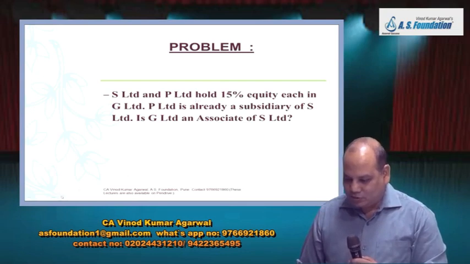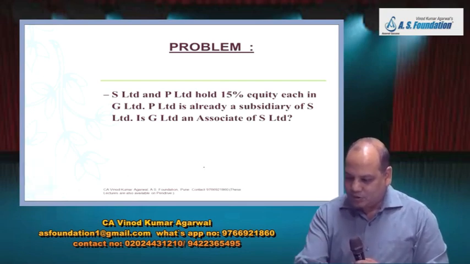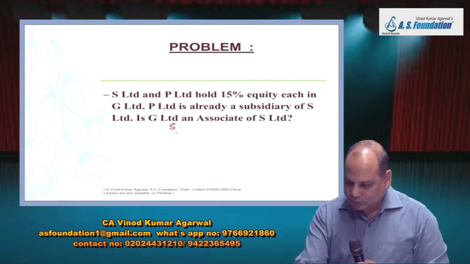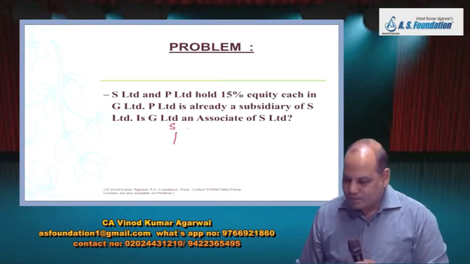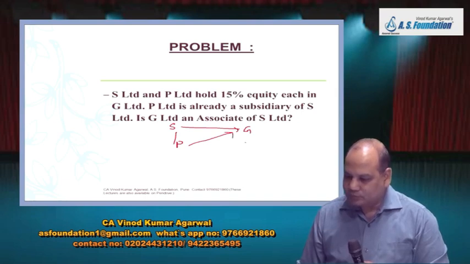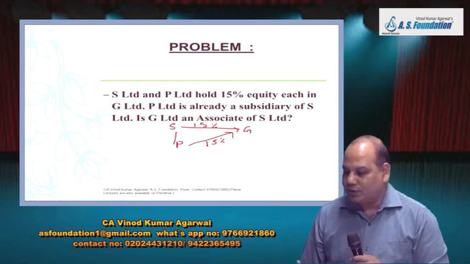P Limited is already a subsidiary of S. There is another company, G. This is P. P is a subsidiary of S. And both are holding 15% each. Is G Limited an associate of S Limited?